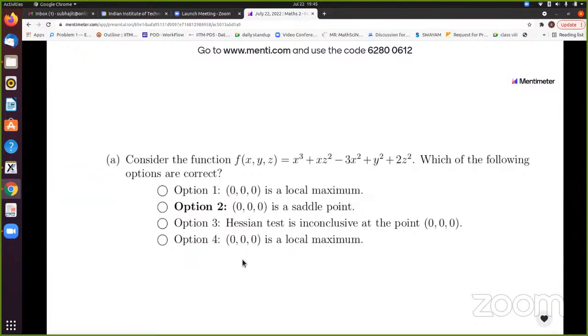We have started with this function x cubed plus xz squared minus 3x squared plus y squared plus z squared. So first of all, check whether (0, 0, 0) is a critical point or not. That is the first thing we have to check, right?